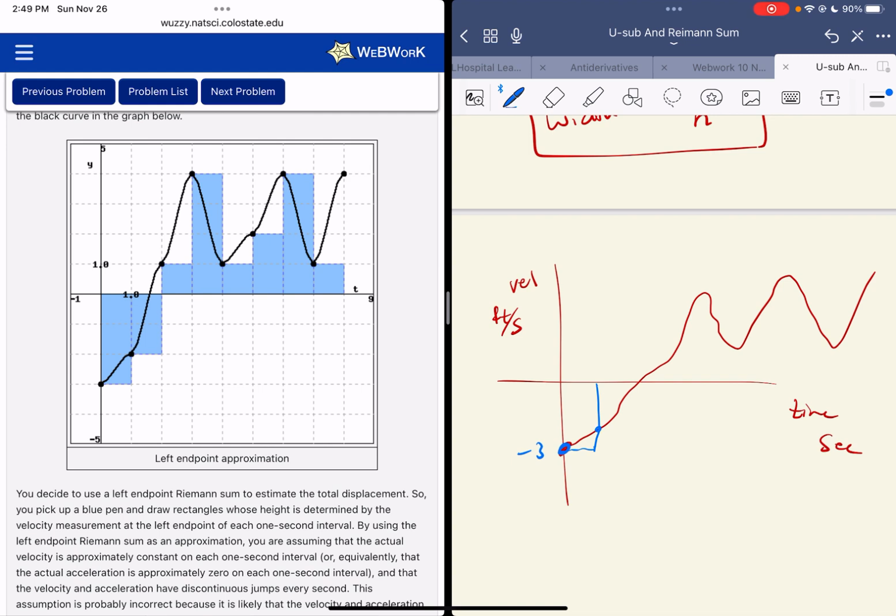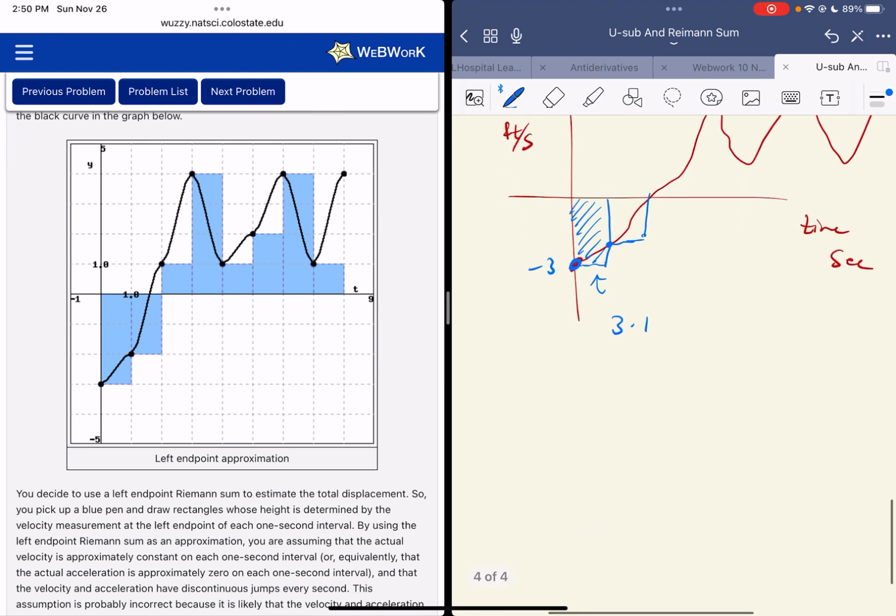And then I'm going to pretend it's negative 2 for the next second. Again, it's not, but we're going to do that. So if I make that assumption, then the distance I cover in this first second would be 3 times 1, it'd be 3 feet. But because I have negative velocity, our displacement is negative 3 feet.